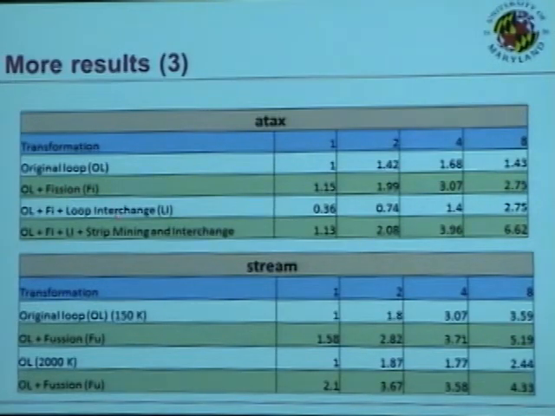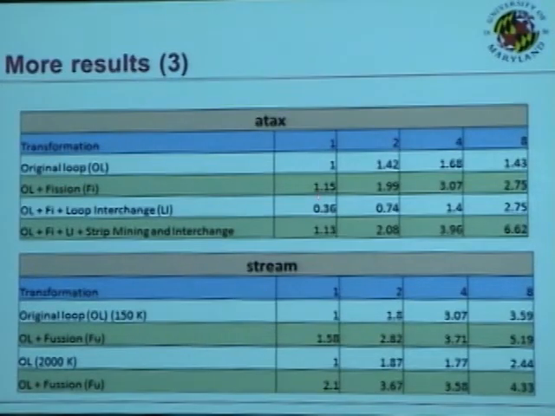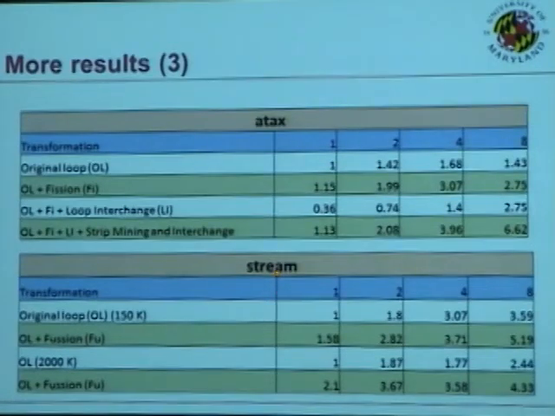If you apply just fusion, performance goes up. Then if you take fission, performance goes up. But then if you take fission and interchange, it worsens. The performance goes down. But then after you apply interchange, that enables you to do strip mining and another interchange, and that's when you start seeing performance that actually exceeds what you started with.